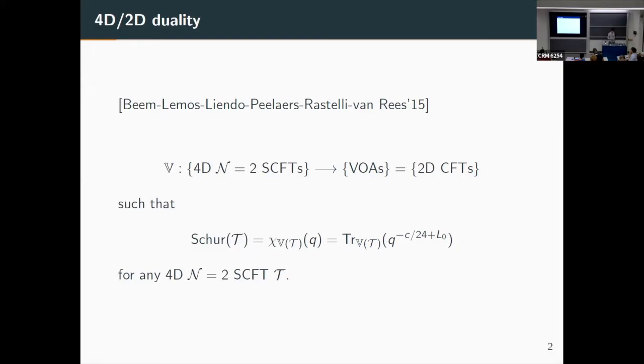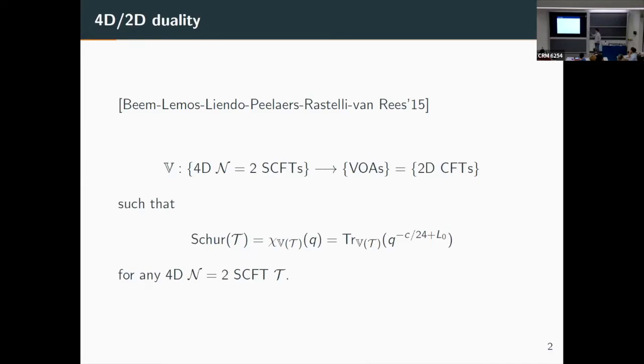This is nice because in 4-dimensional theory, the Hilbert space is not an irreducible representation of a big algebra. It's defined as a direct sum of finite dimensional representations of small superconformal algebras. So there's no big algebra which controls the Hilbert space.